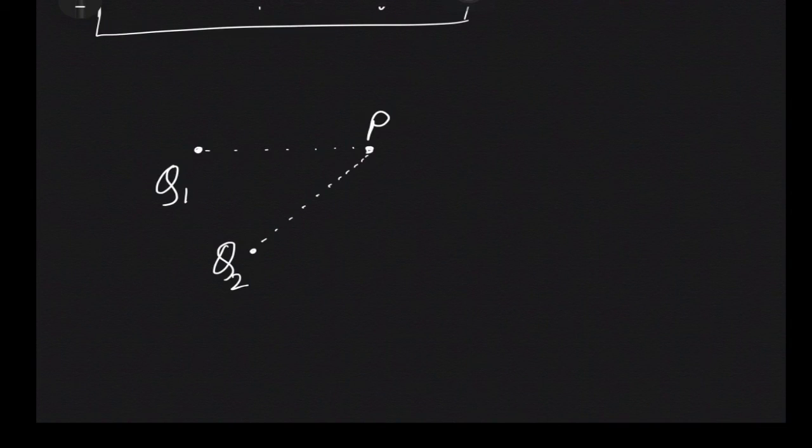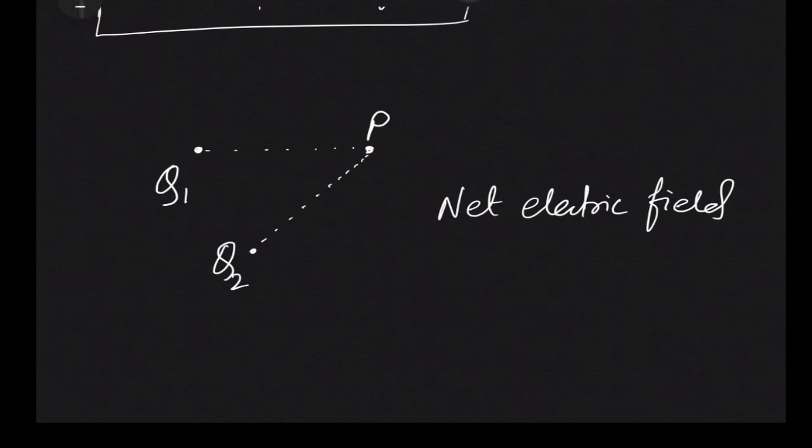The net electric field in this case is going to be the vector sum of individual electric fields. Keep in mind that electric field is a vector quantity, so we have to add them vectorially.